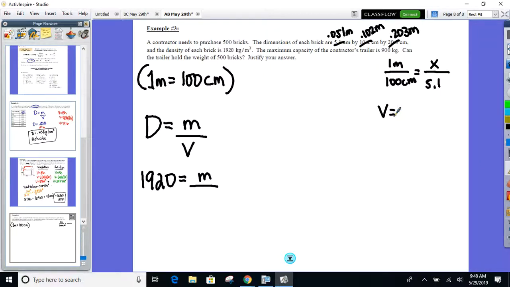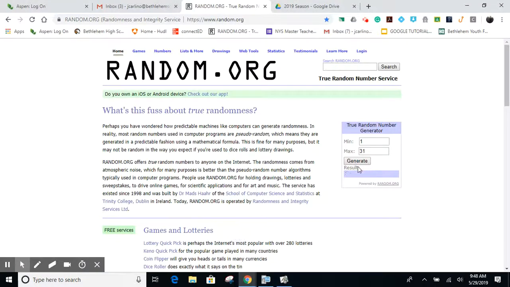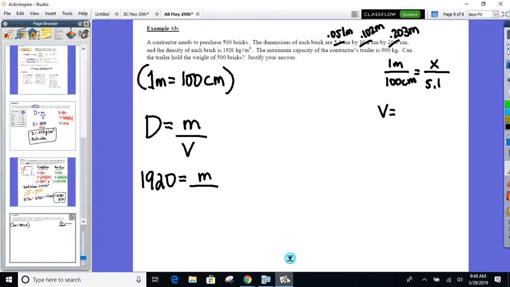Looks like a brick's a rectangular prism. What are you multiplying together to find the volume of the brick? 12. What do you got? There it is. Yep, we're getting a little decimal here.